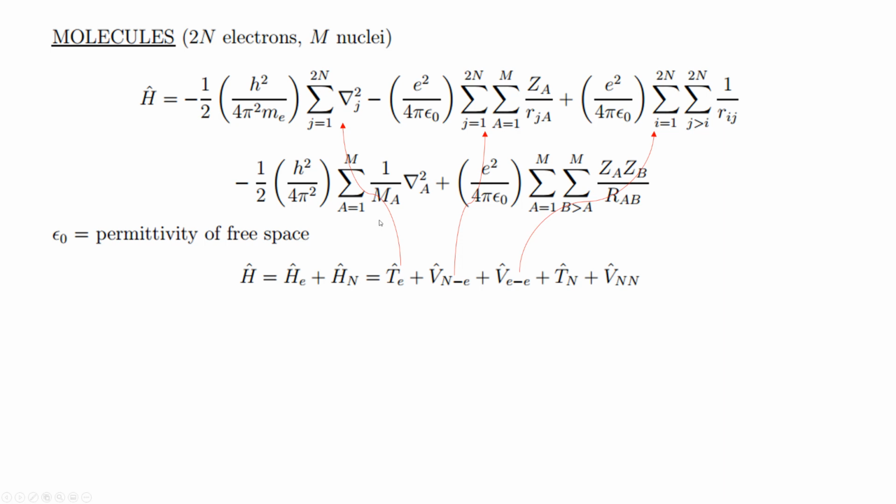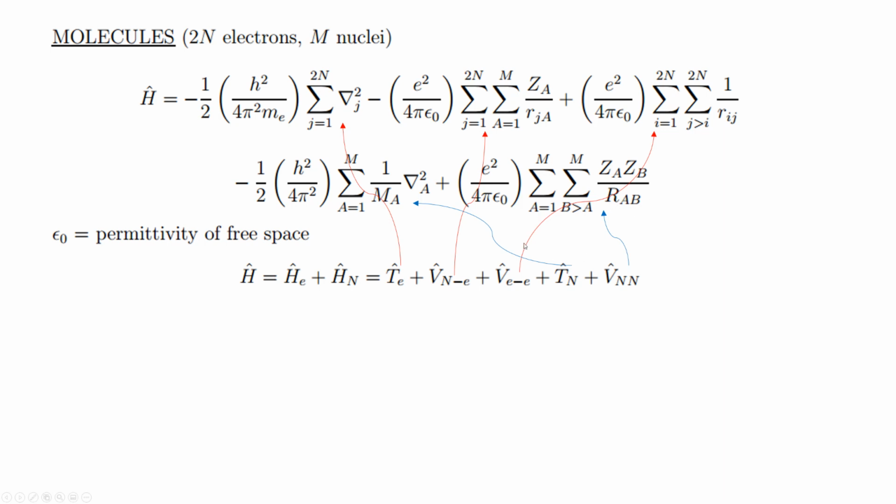Now the fourth term is the kinetic energy for nuclei. Again, here we have to include the mass multiplied with this constant, and the last term represents the potential energy between the nuclei, ZA, ZB, over the distance RAB.